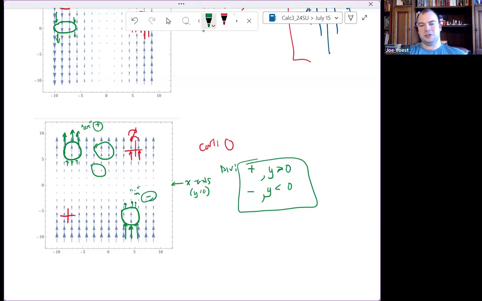But it does seem like the curl is going to be 0 everywhere. And if I'm right at y equals 0, it seems like the inflow and outflow is balanced, so probably 0 at y equals 0.